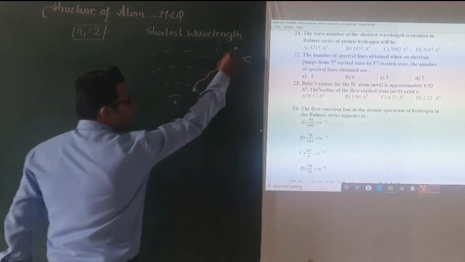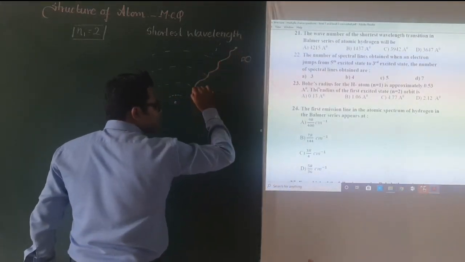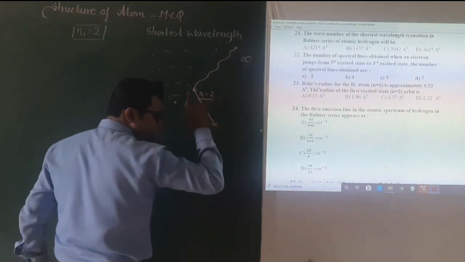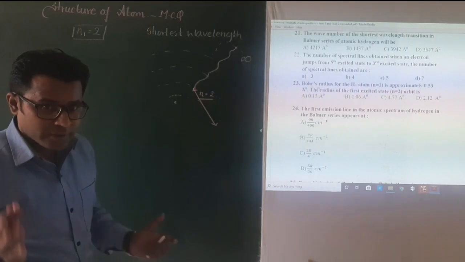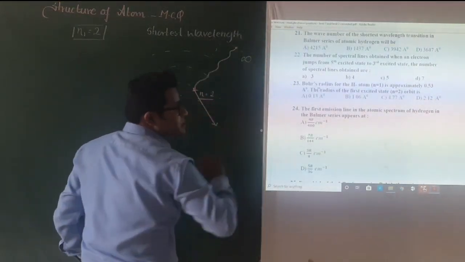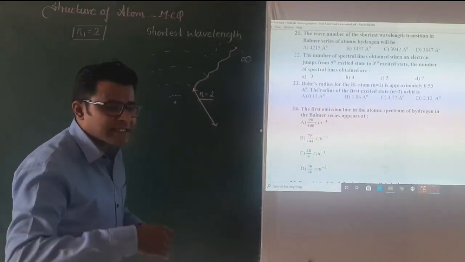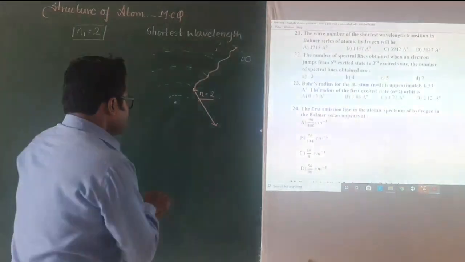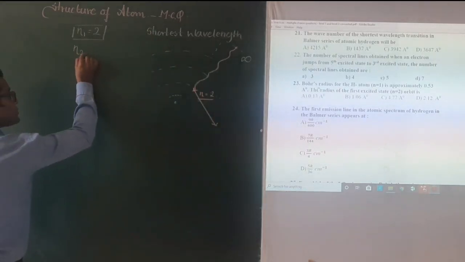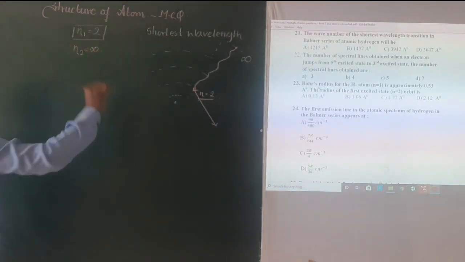When the de-excitation occurs, the extra energy given out is in the form of radiation, and this radiation is going to have the shortest wavelength, or a higher frequency. So the hint we get here is N2 is equal to infinity.